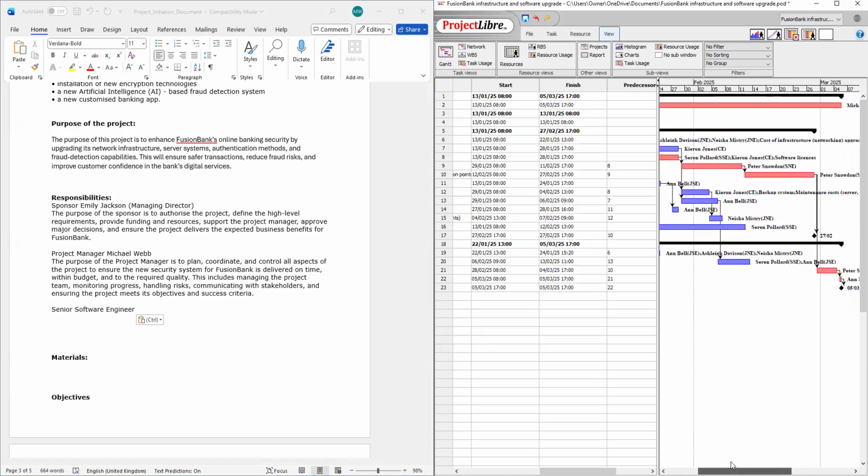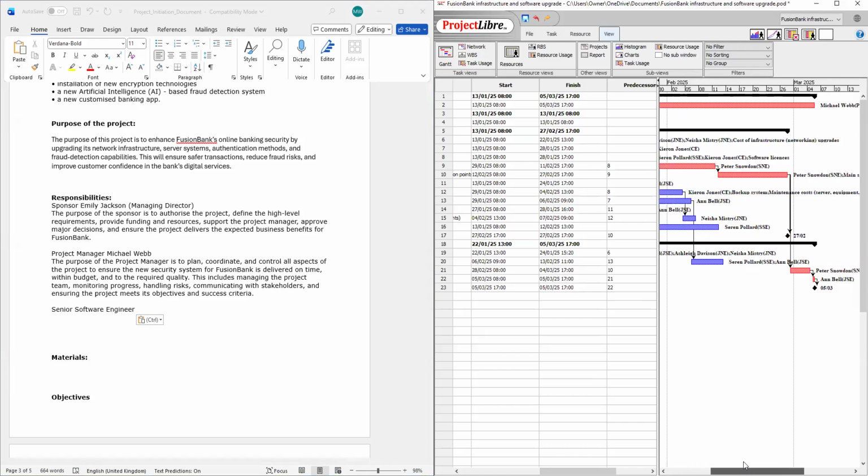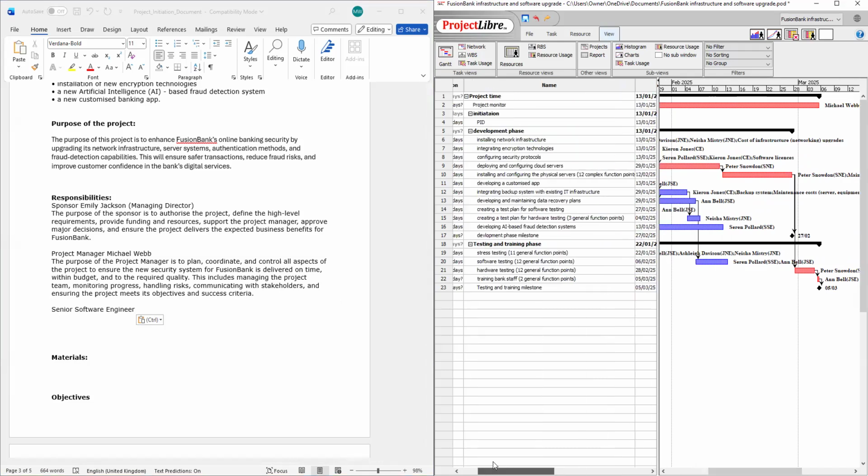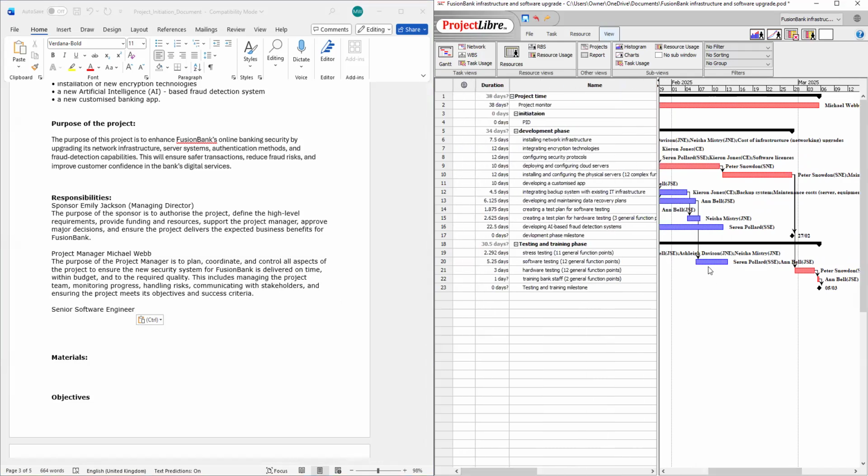All right, that's why we put it in. So senior software engineer works on testing, all right? Senior software engineer develops AI-based detection-based system.